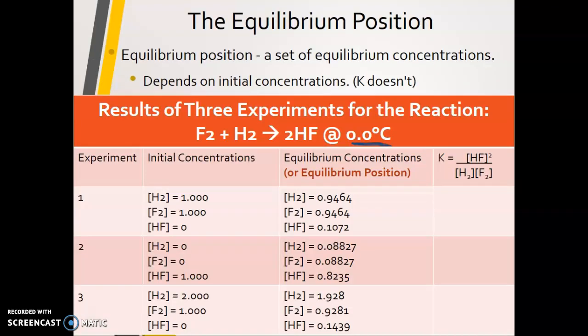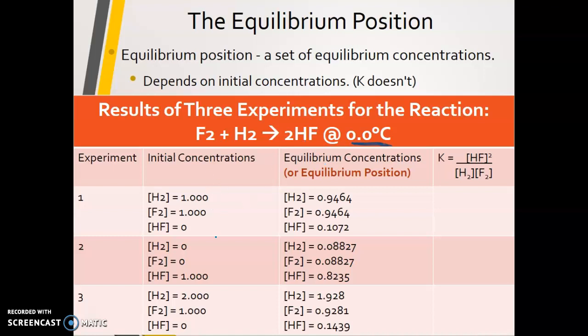The equilibrium position is a set of equilibrium concentrations. It depends on the initial concentrations. K does not depend on that. Here are the initial concentrations for experiment 1 for fluorine and hydrogen reacting to form hydrogen fluoride.